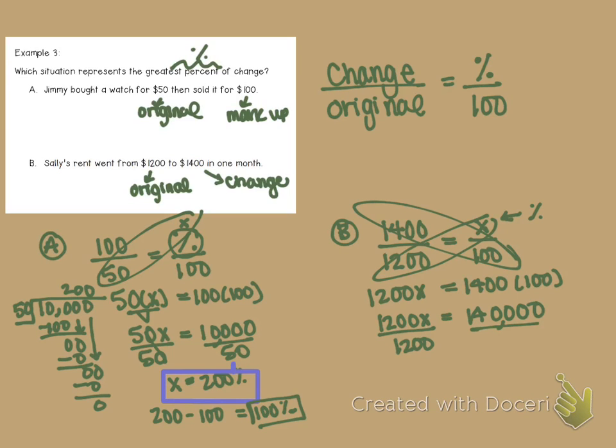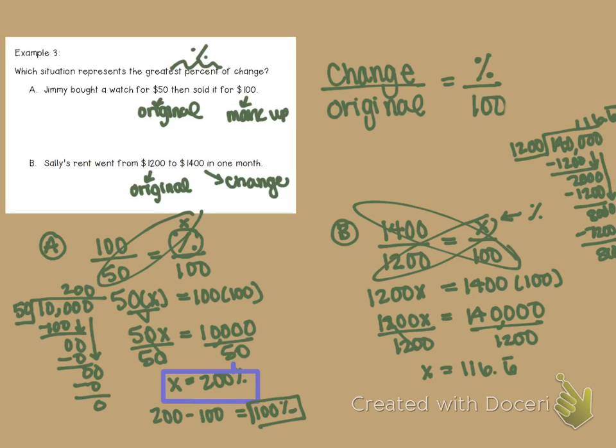And then dividing by 1,200. Go ahead and do that and press play when you have finished. Okay, so you should have gotten 116.6 repeating percent. So that means that if we take the original 100%, subtract it, we would get a 16.6% increase.